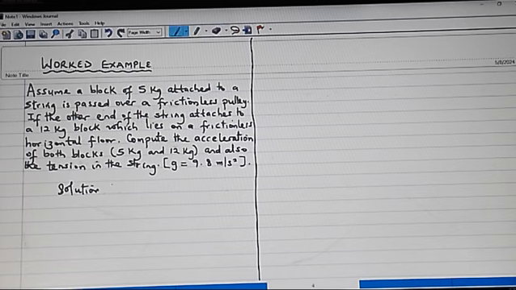We are told that a block of 5 kg is attached to a string. So let's get a block. Let's say this is the block, lying on a plane. So 5 kg.